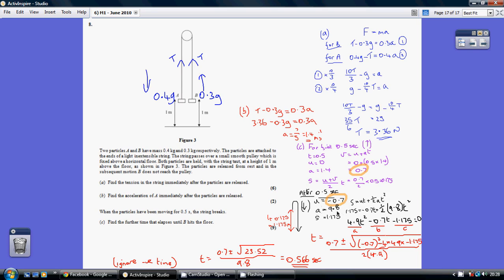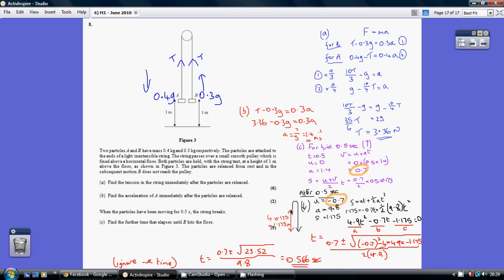My acceleration is gravity downwards, positive 9.8, and the distance I'm going to need to travel is the net distance, so from here to here. So it's the height that I started at, 1 meter, plus this extra little bit that I've travelled, 0.175 meters that I worked out here. That's the net distance I will be travelling.